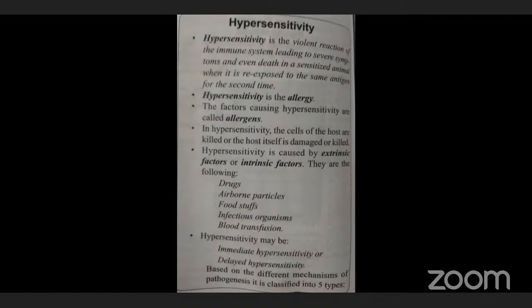Immediate hypersensitivity means the immune response or reaction manifests in a short duration, in minutes. That hypersensitivity is called the immediate type. When the allergen enters our body, it shows an immediate allergic reaction, which is called immediate hypersensitivity.